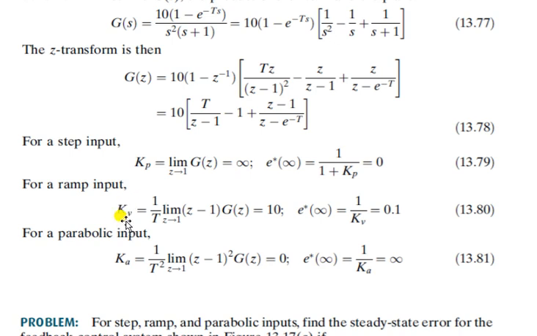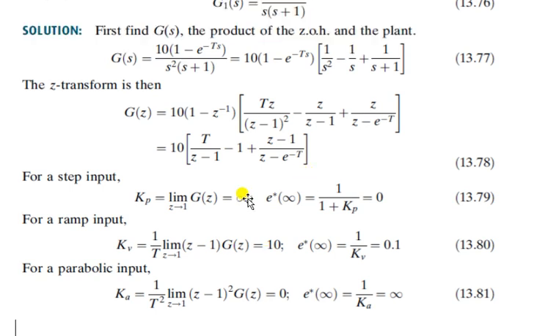Then for Kv, the velocity error constant, you can find it by using this formula, 1 upon T limit z tends to 1 of (z minus 1) into G(z). By applying the z value, which is 1, you will get 10. Don't be confused by this capital T, because this capital T value is not given, and it is also not necessary here.